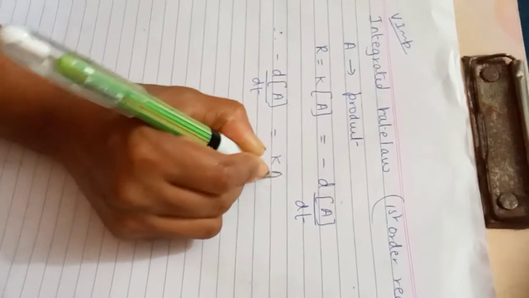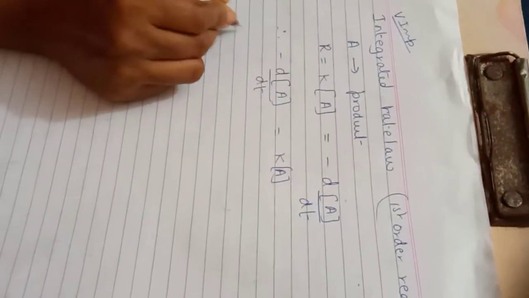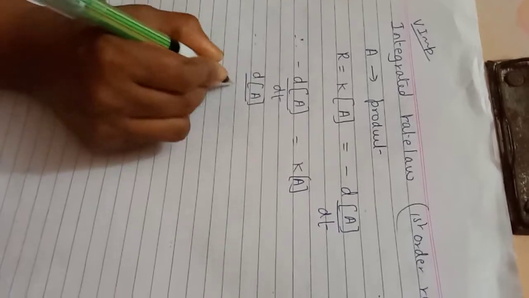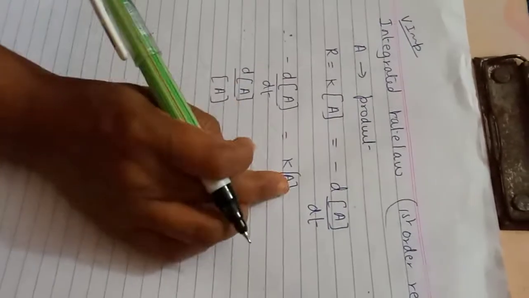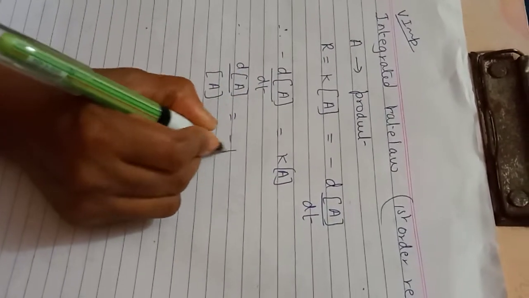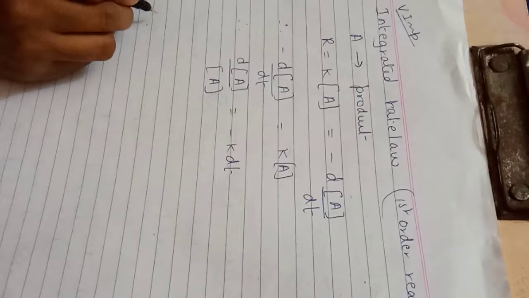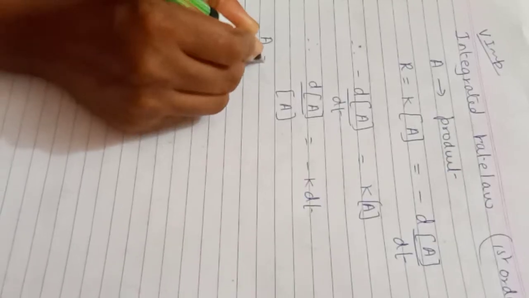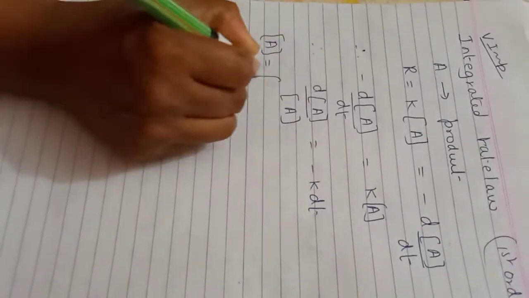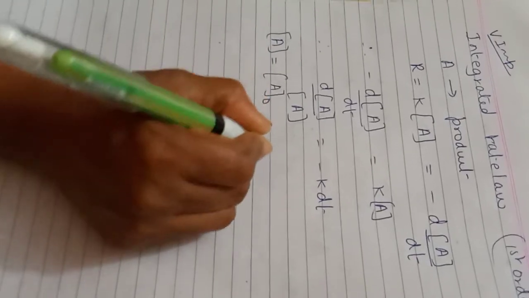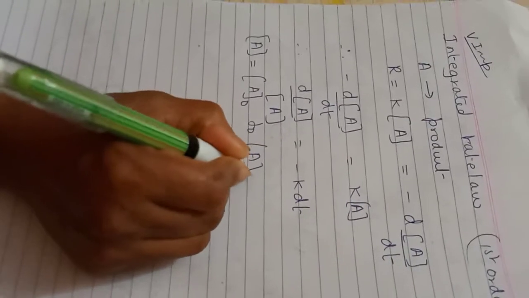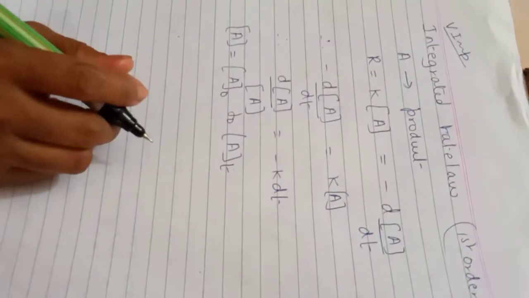Minus means the reactant decreases as time interval increases. Minus d[A]/dt is equal to K[A]. Reorganizing, d[A]/[A] is equal to minus K dt. Integrating on both sides from the concentration of A at time t equal to 0 to the concentration of A at time interval t.